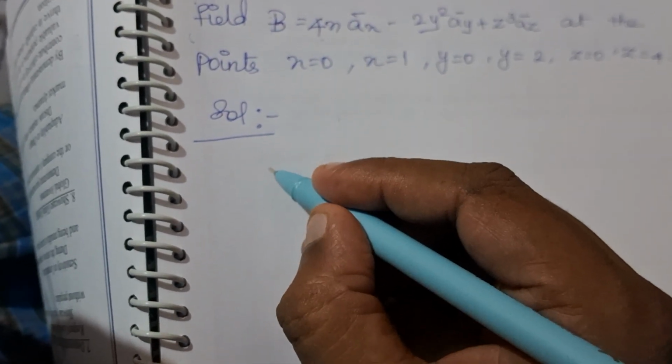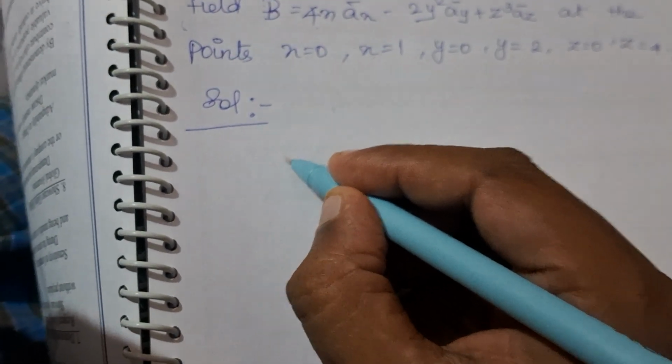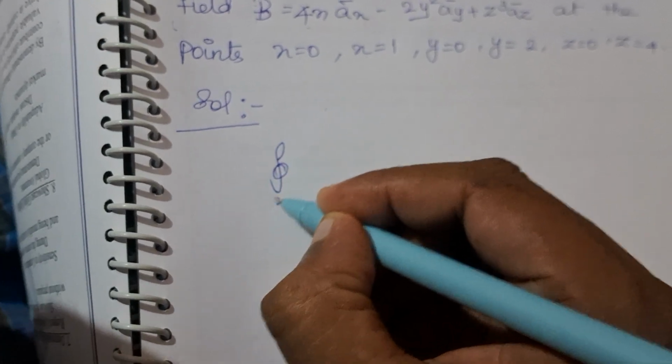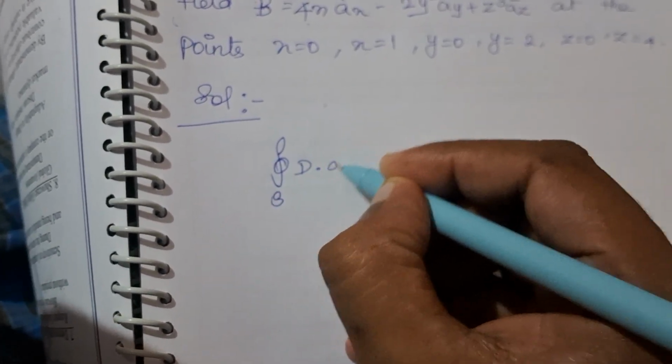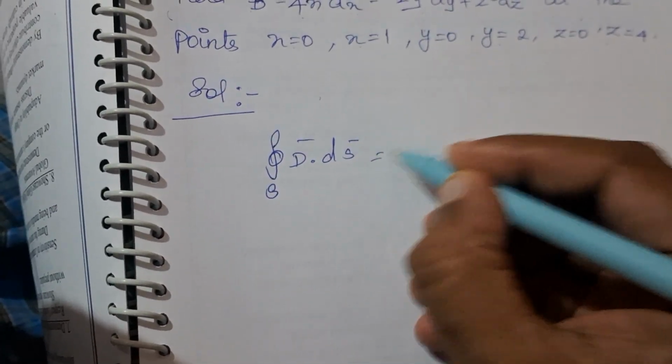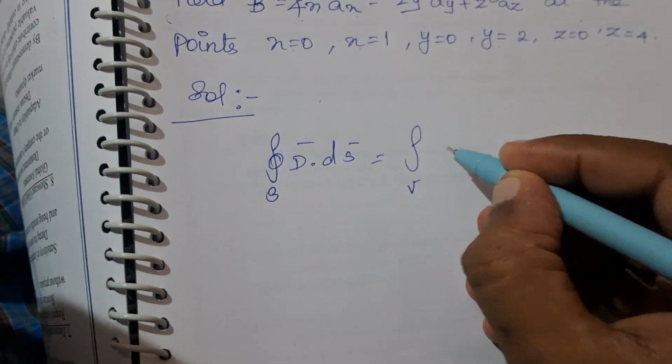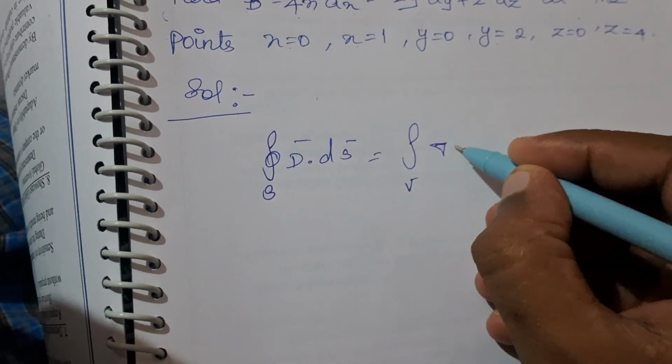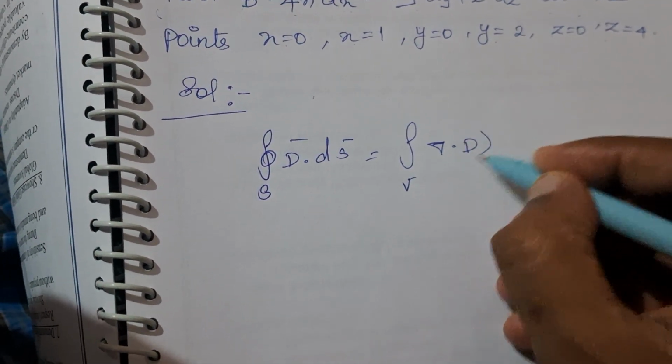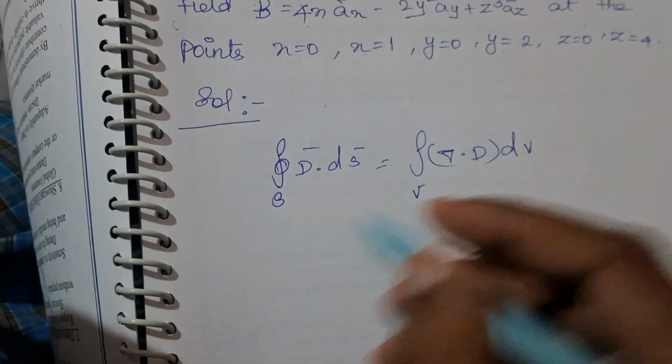So first we write the divergence theorem. In a closed surface integral, D dot dS is equal to the volume integral of del dot D dV.